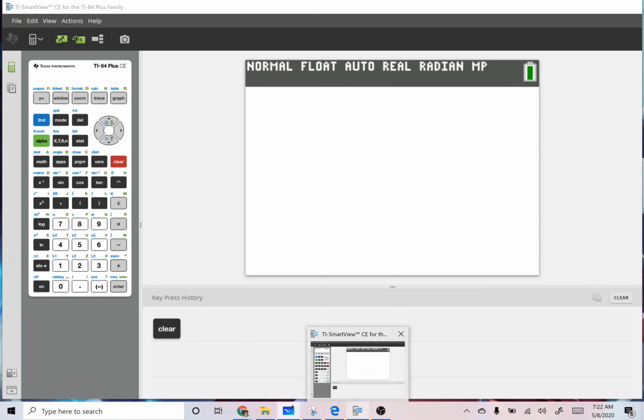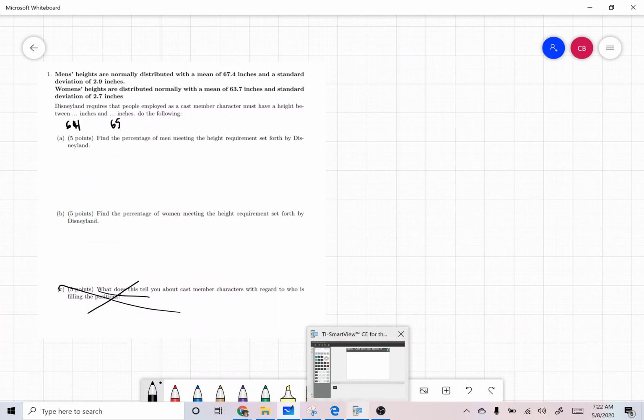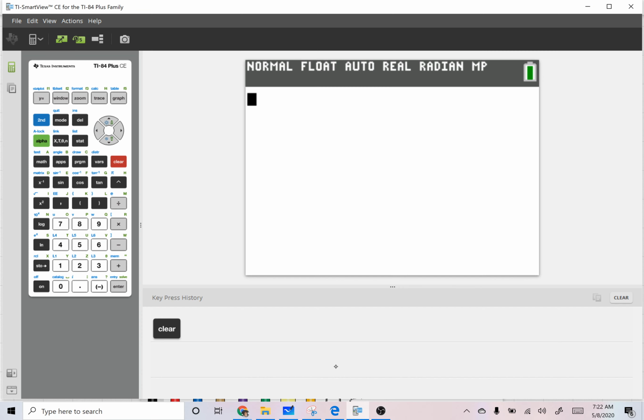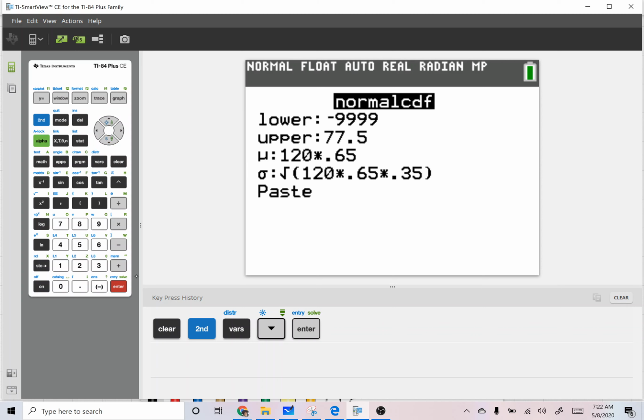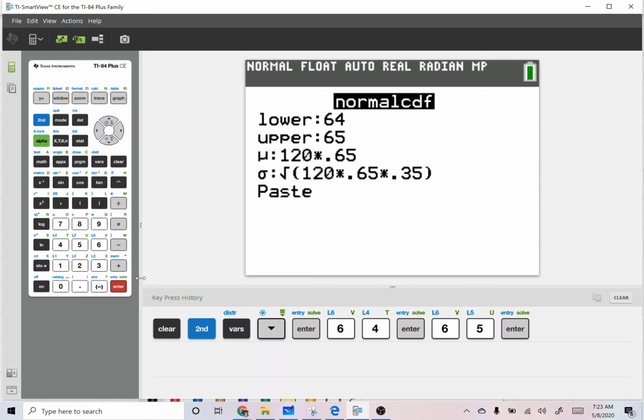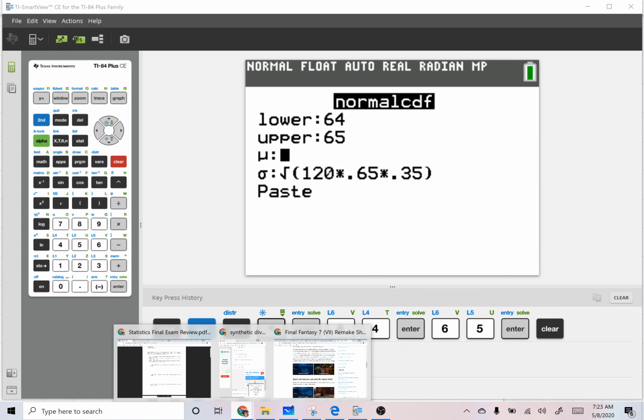So let's do that. If we do this, remember it's a normal. We said it's normally distributed, so we go second distributions, normal CDF. Lower is 64 inches. Upper is 65. The mean here is going to be, what's the men's?